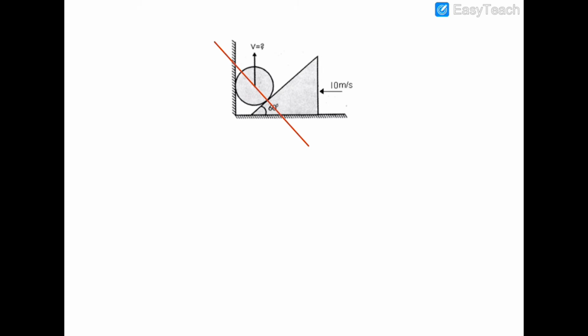Okay, now the third step is to find the components of velocity of these 2 blocks on the normal and to equate them. So first of all we are drawing the velocity vectors joining the normal and resolving these velocities along the normal.